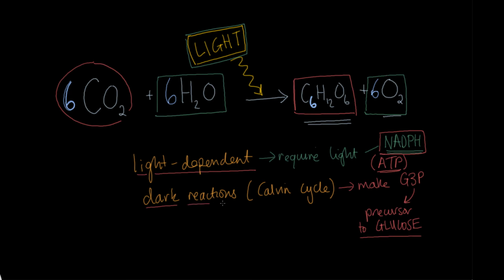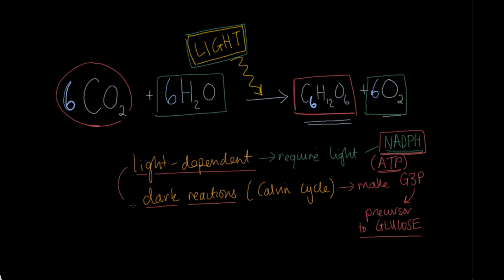If we are going to summarize the dark reactions, we are going to use the products of the light-dependent reaction, which is NADPH, to fix the carbon in carbon dioxide into glucose. That requires energy, taking a low energy carbon molecule here, carbon dioxide, into a high energy molecule requires energy. The energy is coming from the light dependent reactions.